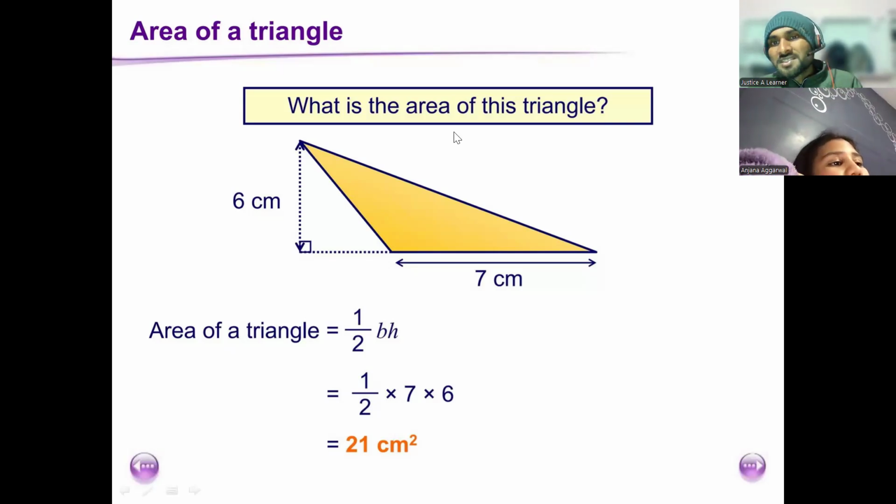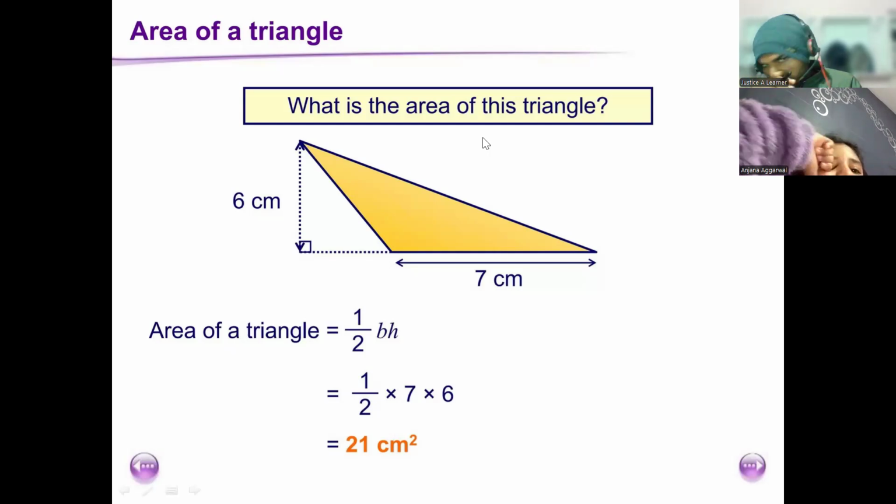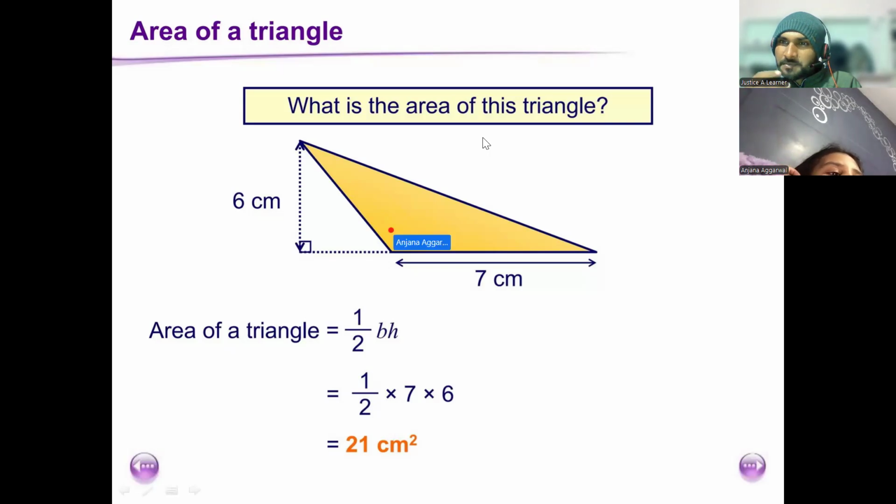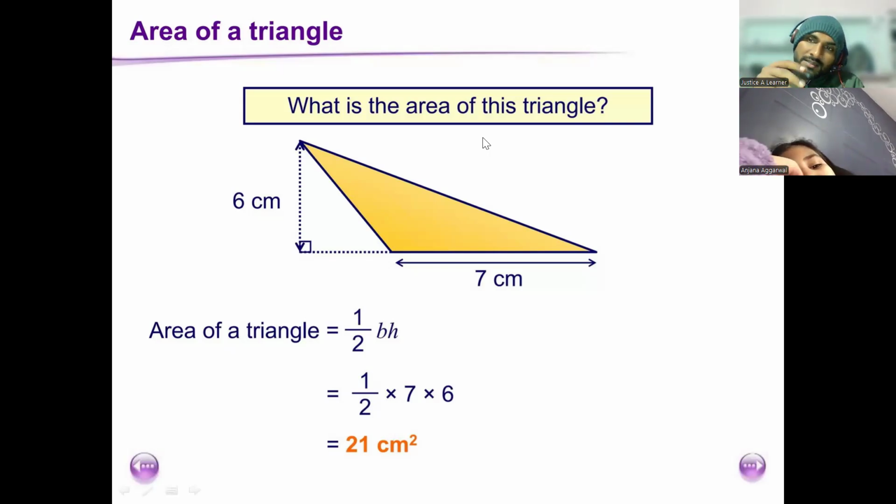So, what is the area of this triangle? Look, what we are going to do, we are making it somehow with perpendicular. You see those lines, and it is given that this is 6 centimeter, and this is 7 centimeter.